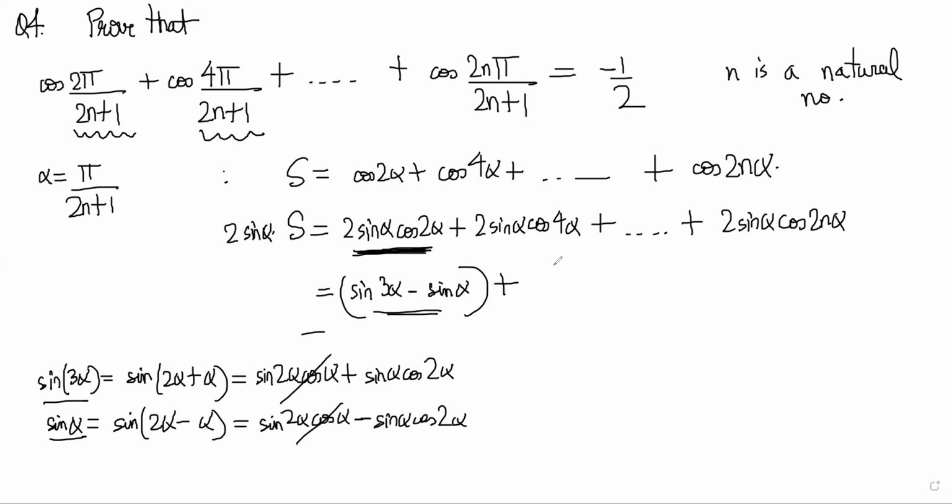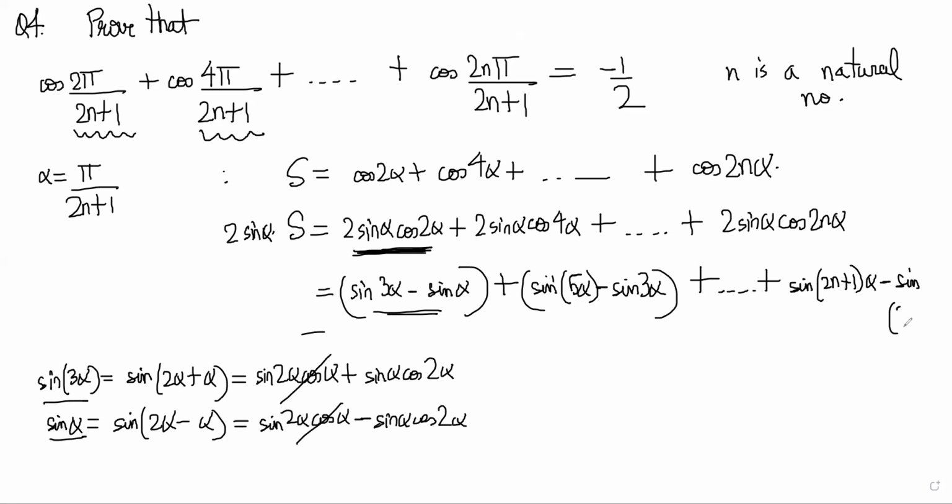Similarly, here also, I can write it again as a difference of 2 sines. It will be sine of 5 alpha minus sine of 3 alpha. Because 5 is 4 plus 1 and 3 is 4 minus 1. It's the same step, you just keep doing it. And here, last term would be sine of 2n plus 1 alpha minus sine of 2n minus 1 alpha, right?